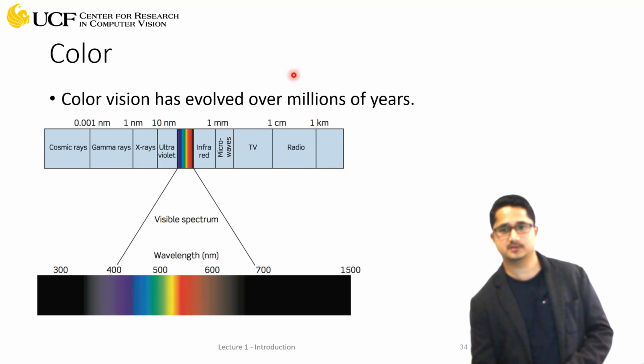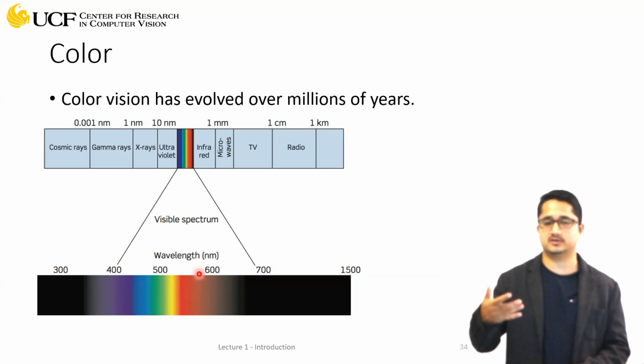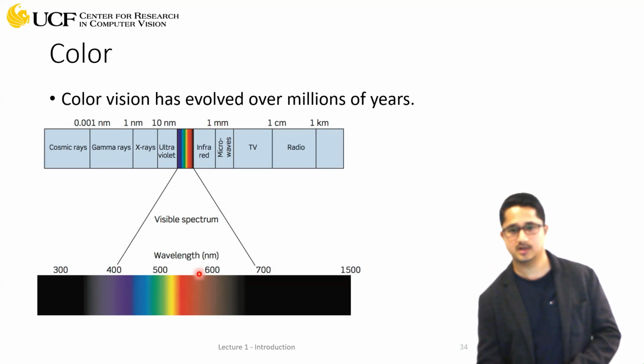If you look at the complete wavelength band of light, the range to which human vision responds is between 400 to 700 nanometers. This is the wavelength range where we see colors, the range to which our human system actually responds.